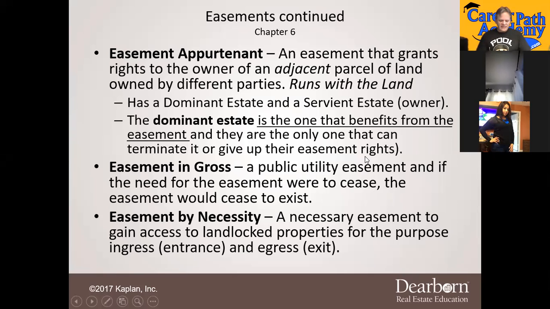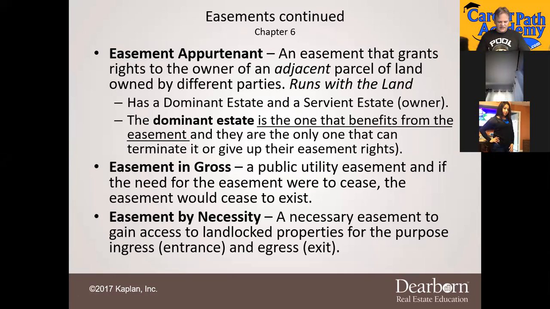A type of easement that's used for the purpose of ingress and egress. Ingress means entrance and egress means exit. That would be the easement by necessity. That's the way they would probably word it on the exam: a type of easement that's used for the purpose of ingress and egress, entrance and exit. That would be the easement by necessity.